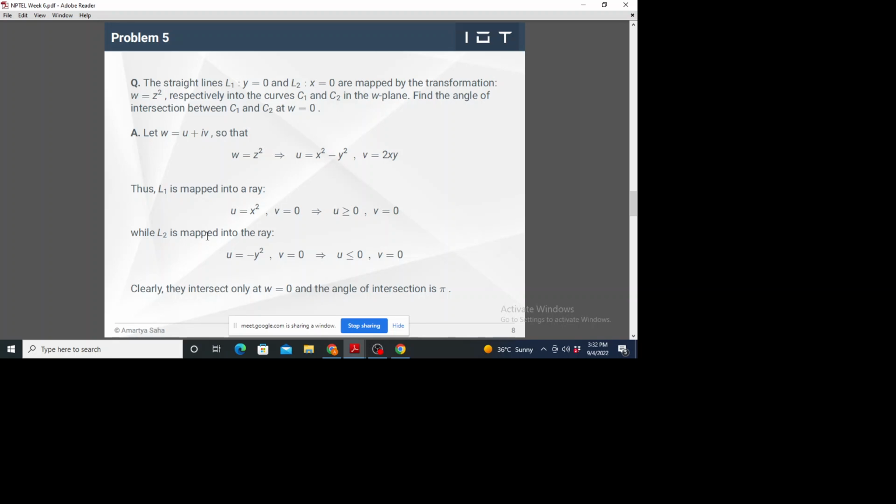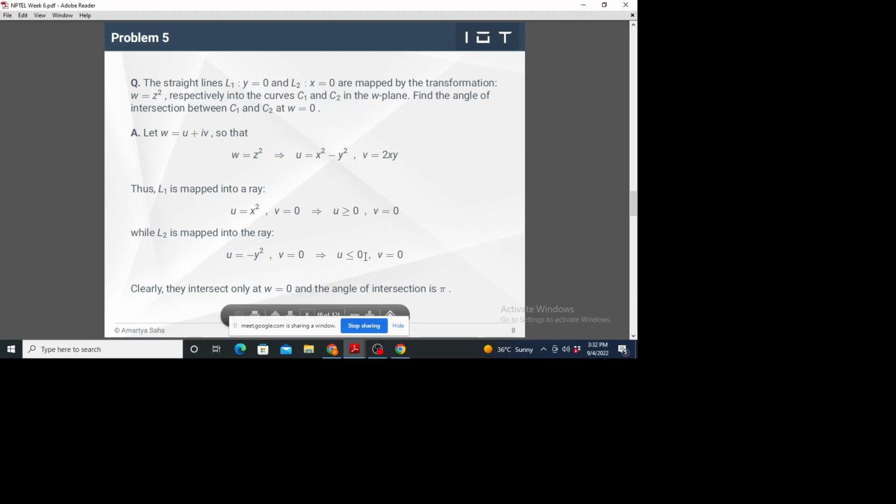And similarly, L2 is mapped into what? For L2 we had x equal to 0. Just simply substitute this here and you will get u equal to minus y squared, and again v is 0. And since u is minus y squared, it cannot be positive.